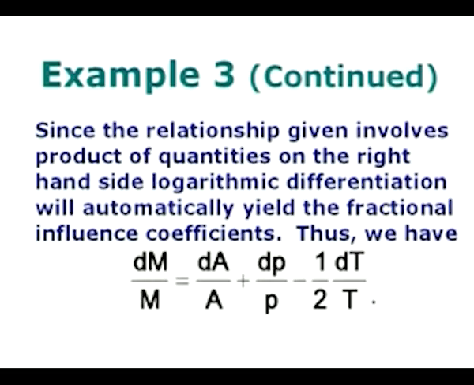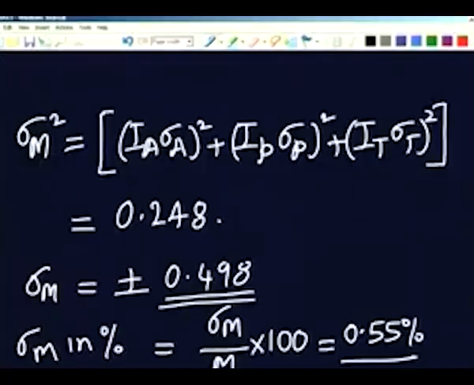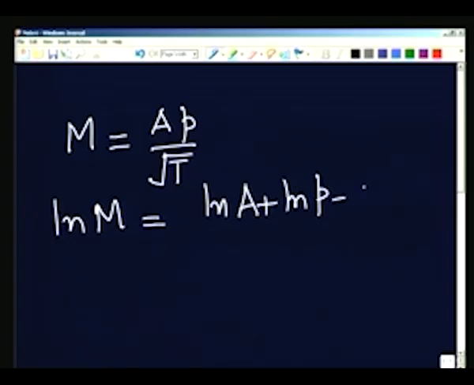and maybe I can indicate it on the board. So, we have in this case m equal to a p by root t. So, I take logarithm of m, ln m equal to ln a plus ln p minus half ln t.